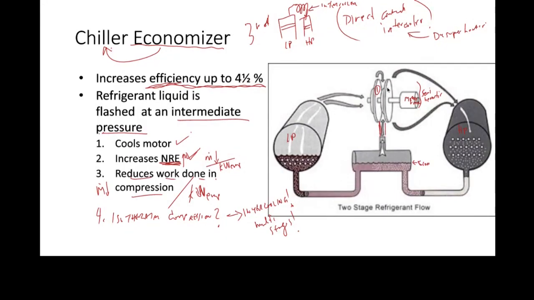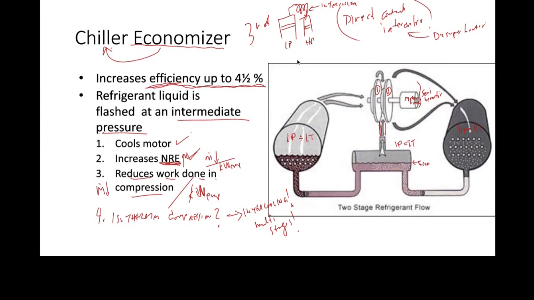There's compression stage 1 and compression stage 2. So that means that this is at intermediate pressure. So LP is also low temperature, HP is high temperature, so IP is also at intermediate temperature.